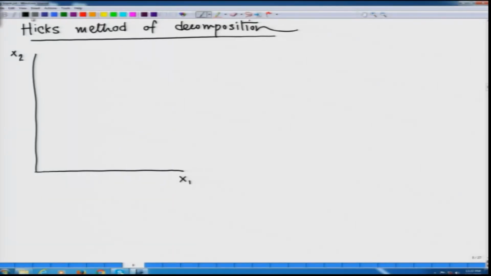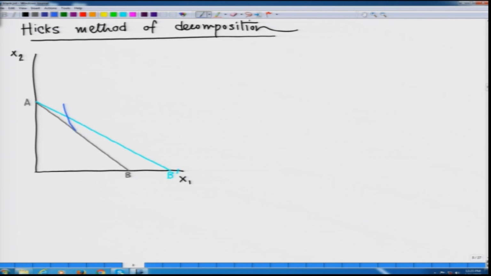So, let us start again with a basic diagram where we have the original budget line, say AB. Now, there is a change in price, and of course, the price has fallen as we have assumed in the previous case. So, the new budget line is AB prime.